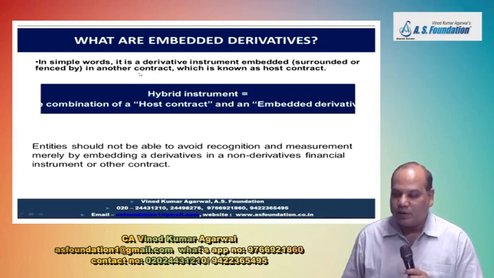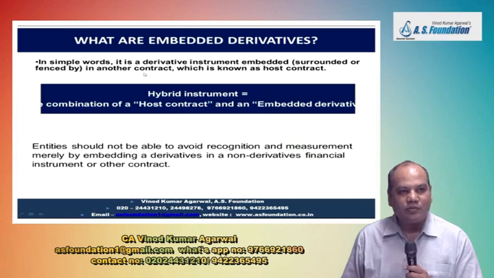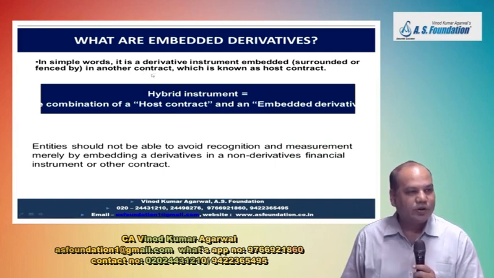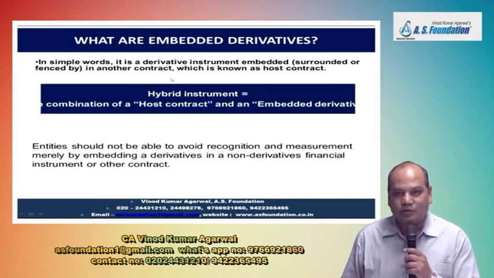Say for example, bank has given loan. Loan has a condition. In case if the company does not pay, the loan will be converted into equity. Or there can be just a condition that after 5 years the loan will be converted into equity, or the bank has an option to convert the loan into equity. So loan is the contract, the host contract, but that loan also contains an agreement to convert into equity shares.